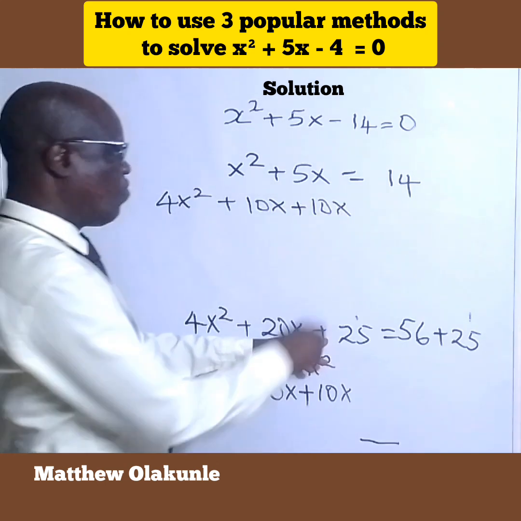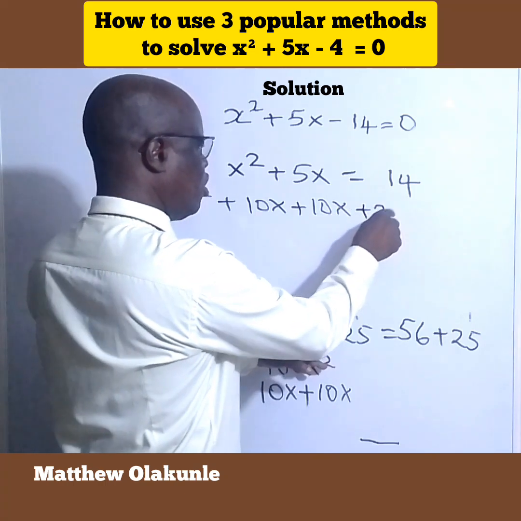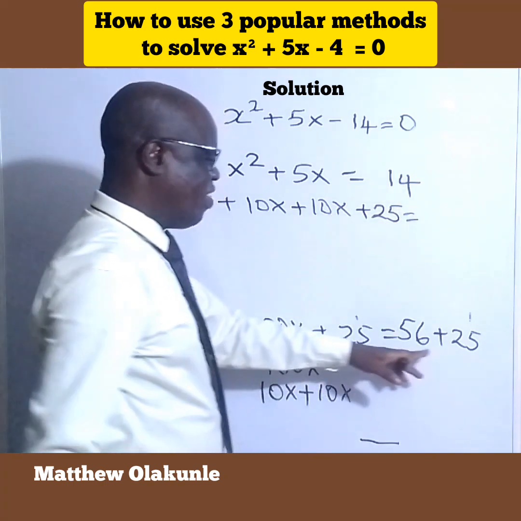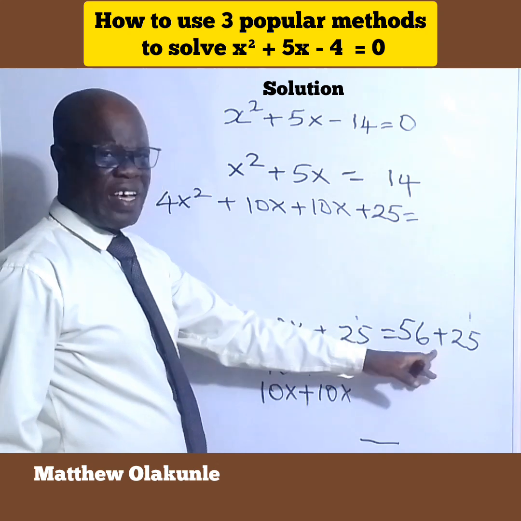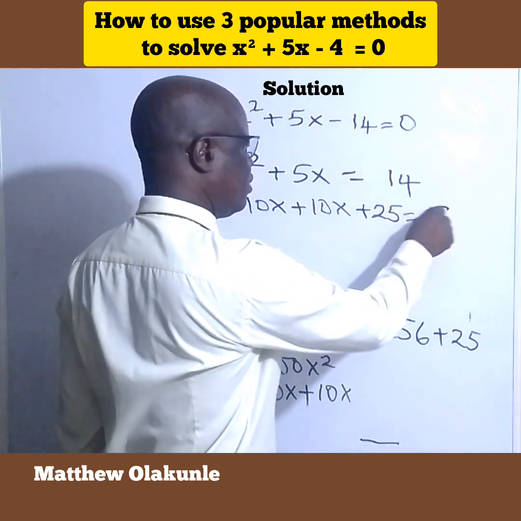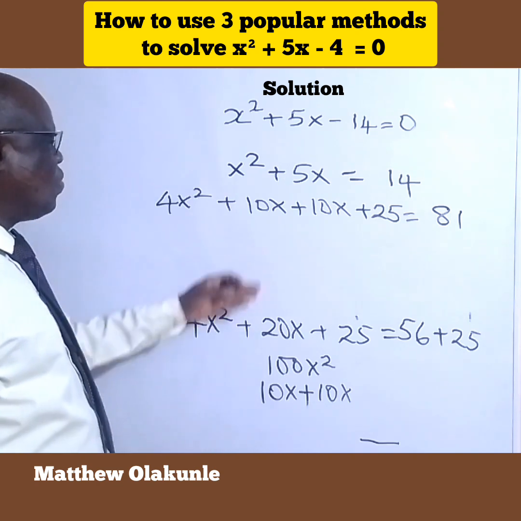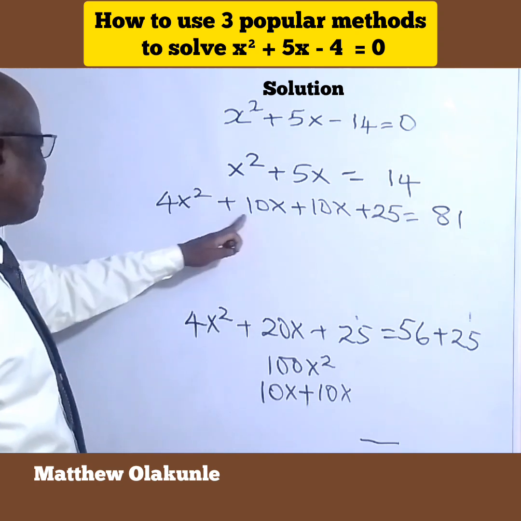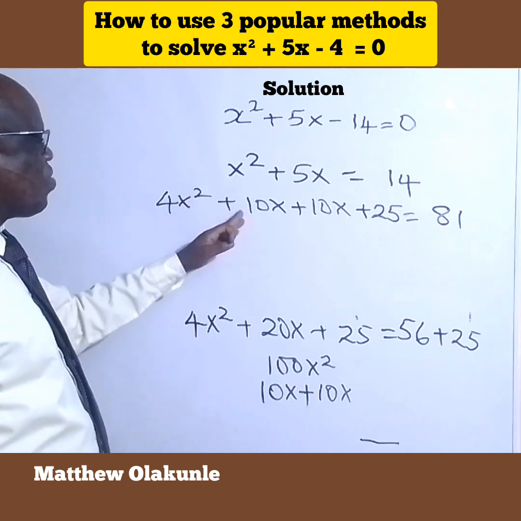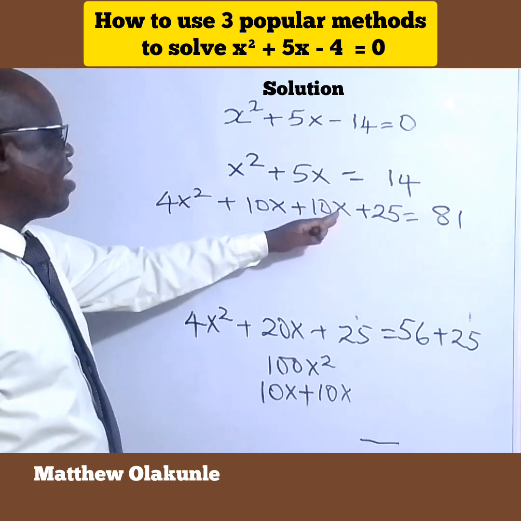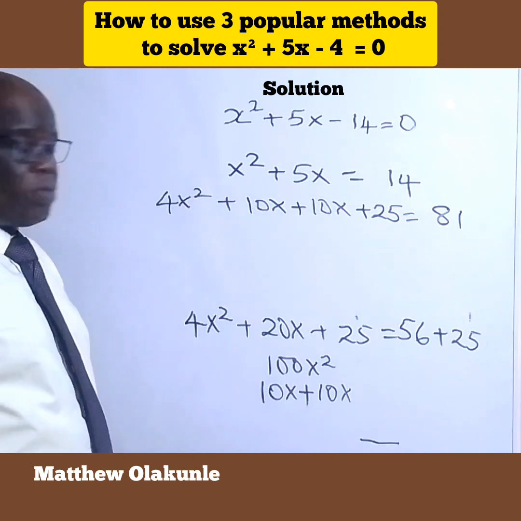Then you write your 25. Now we can add this one right away. This is 81. Okay. Now, if you look at this, you have 4x squared plus 10x plus 10x. So, what can you do?